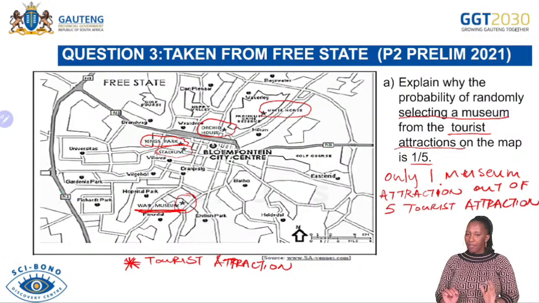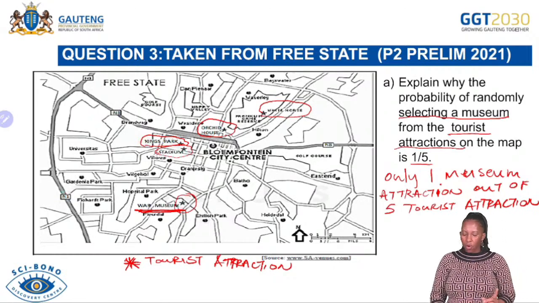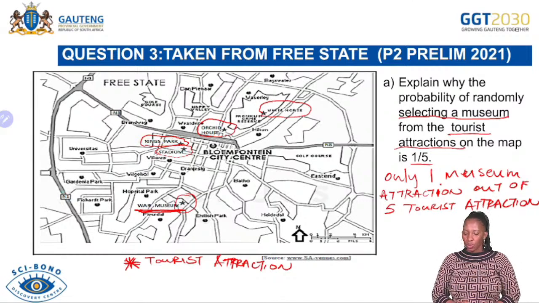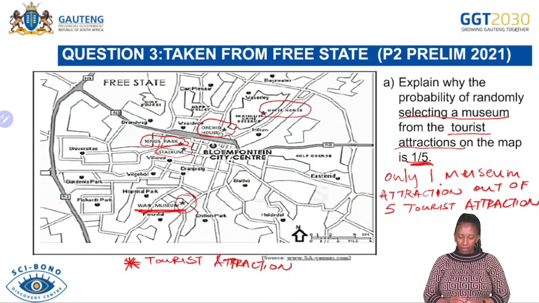So it means there are 5 tourist attractions on the map, but only one is the museum attraction. So that is why there is a possibility of only 1/5 of the museum attraction.